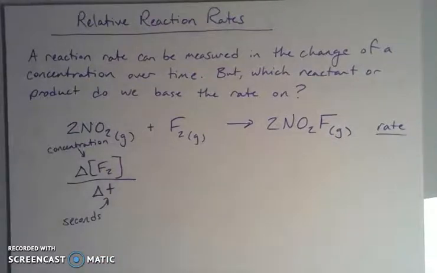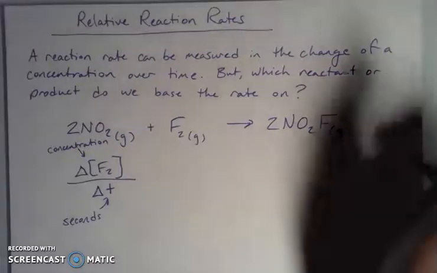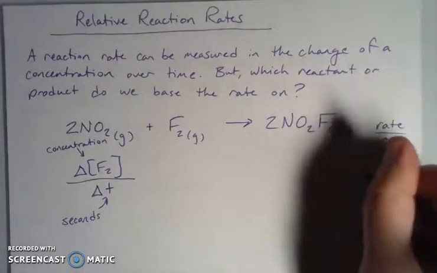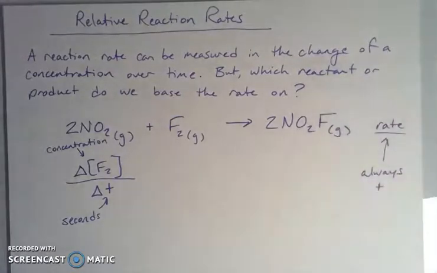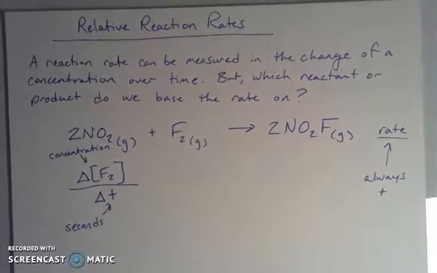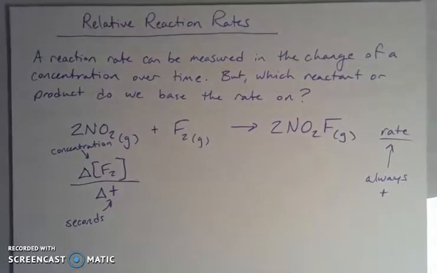Okay, so if I'm looking at how this thing changes over time, by convention we would say that if this process has an overall rate, this overall rate is always positive. Because if we're thinking about how quickly something is occurring, I can't have a negative quickness to it. It would be like having a negative velocity in a car.